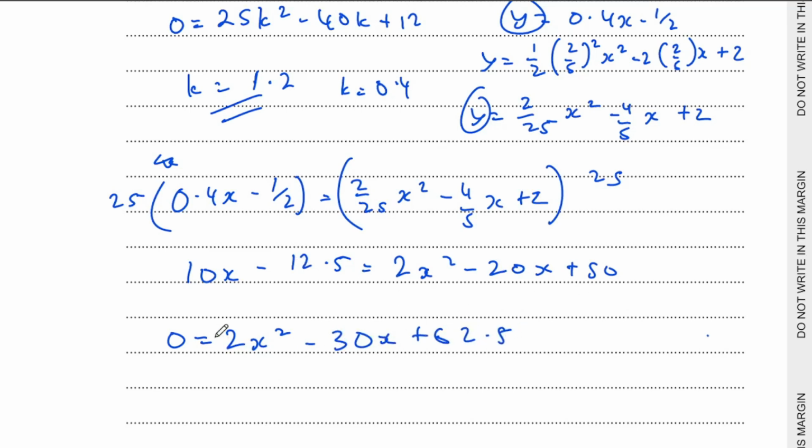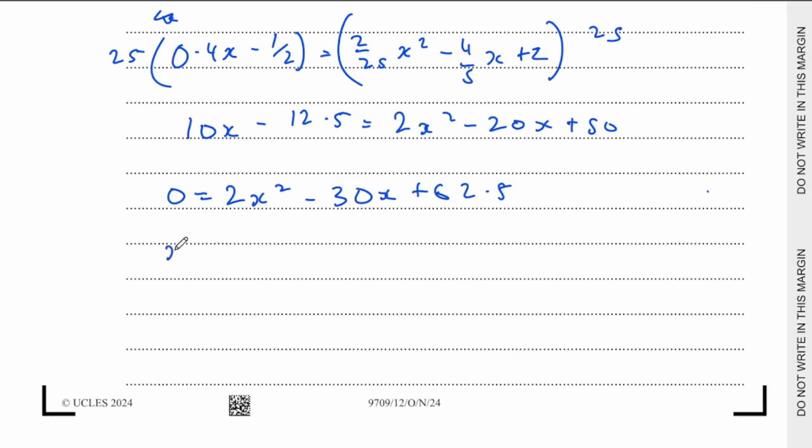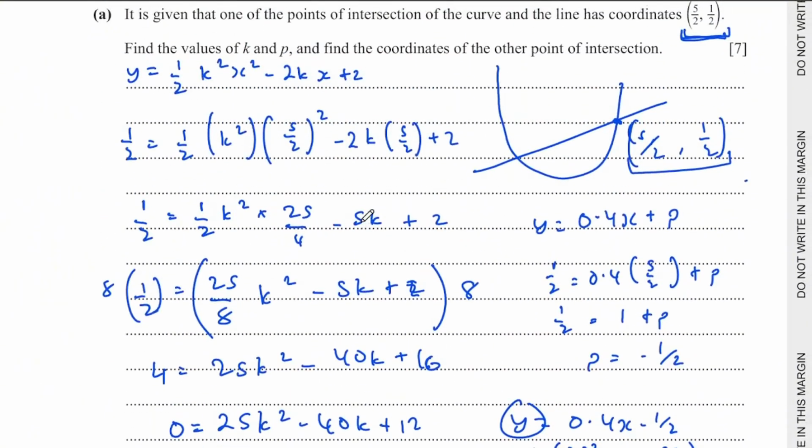Take this to the other side, and we can solve for x here with negative 30 and 62.5. We end up getting x1 equals 25 over 2, x2 equals 5 over 2. We already have this point from the one that they gave us.